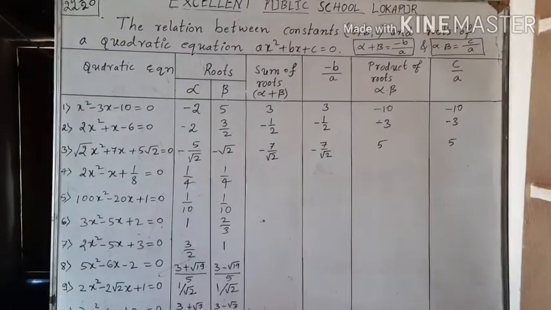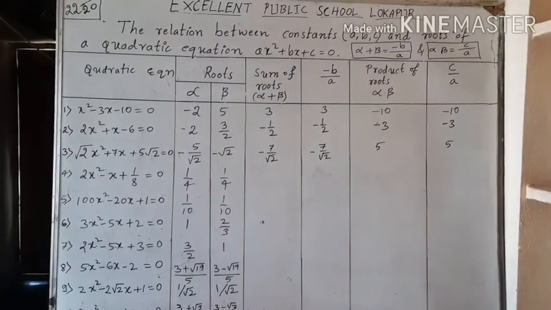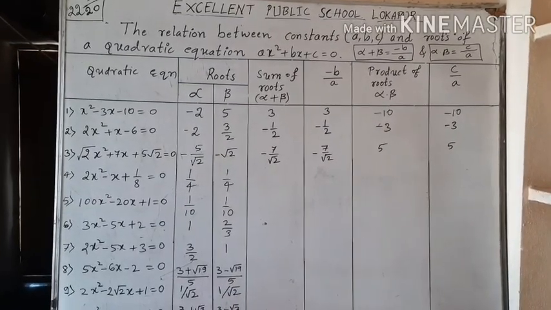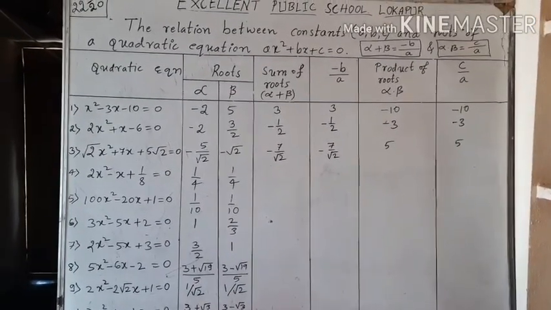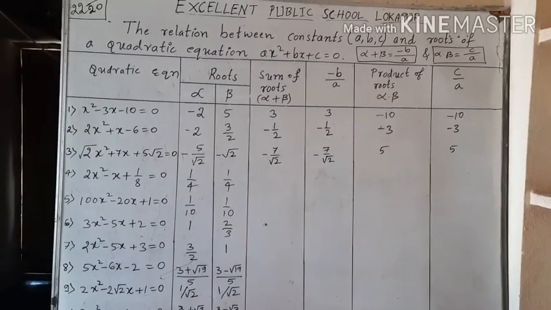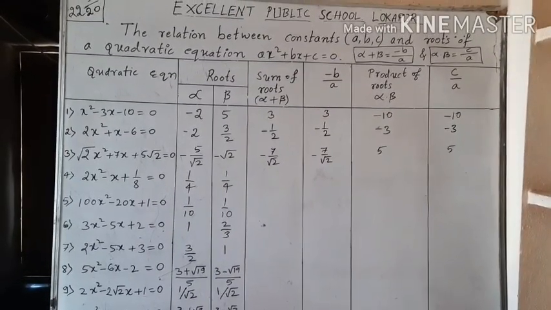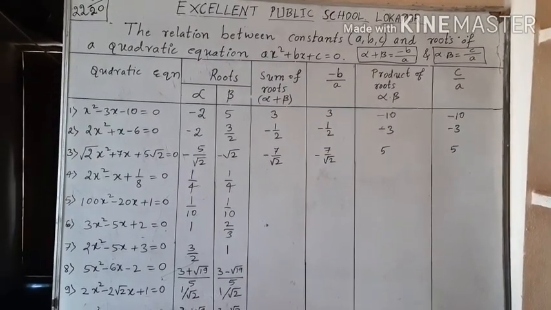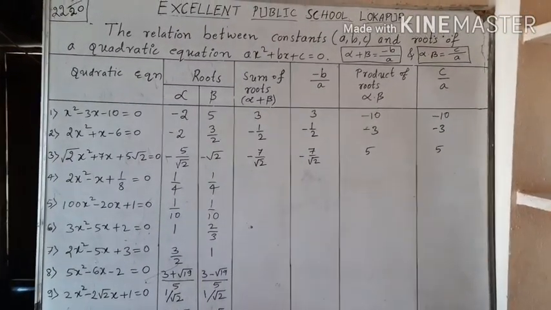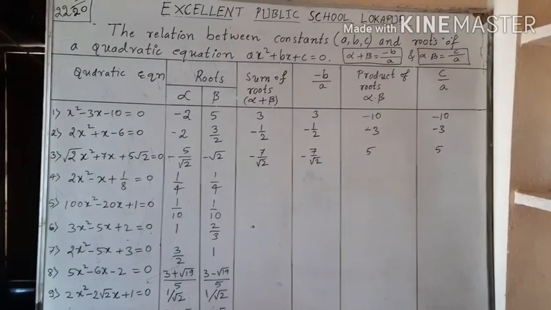But if we learn the relationship between the constants a, b, c and roots of the quadratic equation ax square plus bx plus c is equal to 0, then we need not calculate the roots actually. Without calculating the roots, without knowing the roots, we can directly find the sum of the roots and product of the roots. Okay, so let us see what is that relationship and how does it help us.